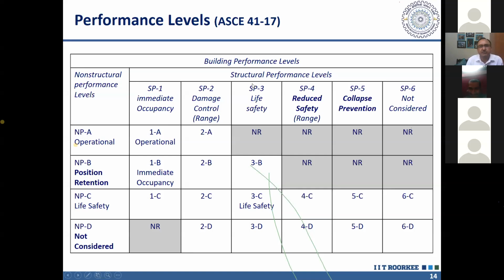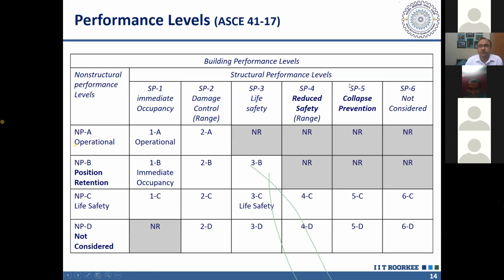Then another important performance level is life safety. As the name suggests, there will be damage, there will be some falling debris, but the size of that debris will be limited to an extent that it may cause some minor injuries to the occupants, but there should not be any fatality.